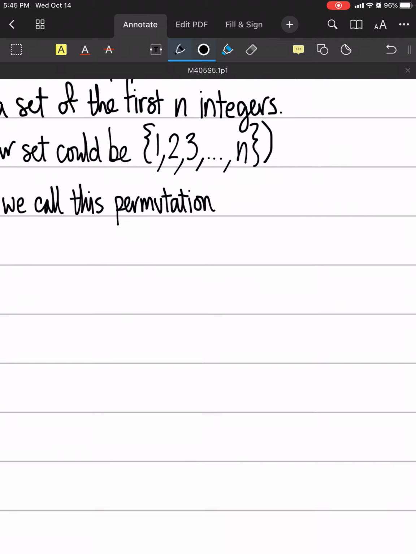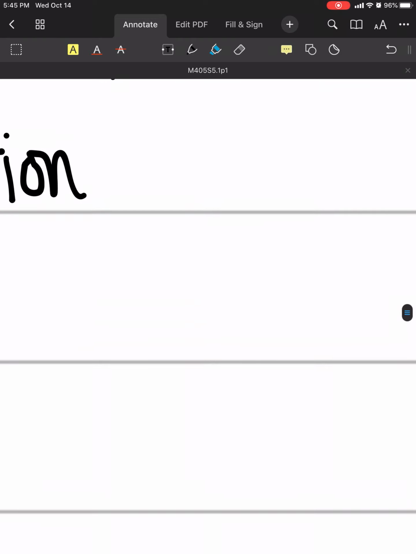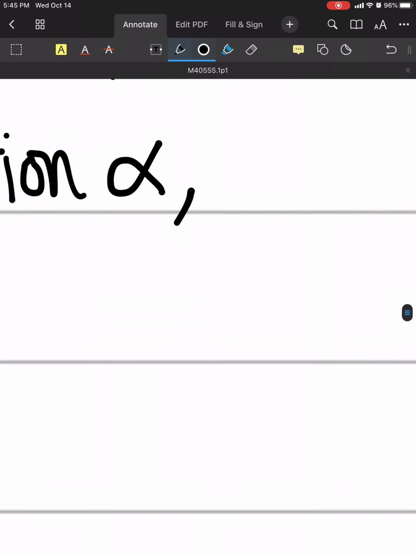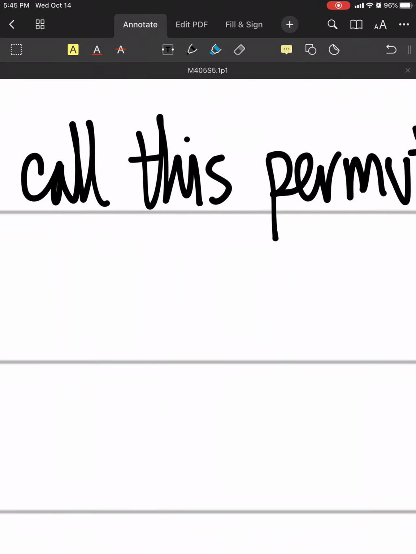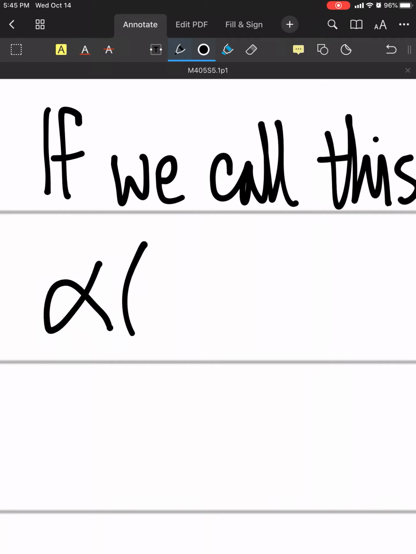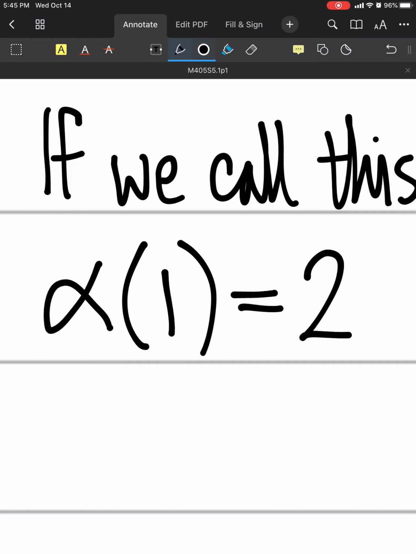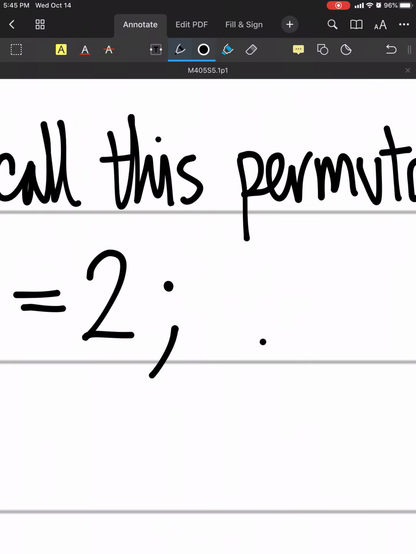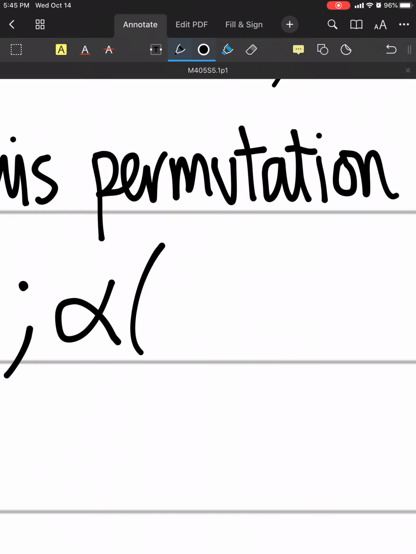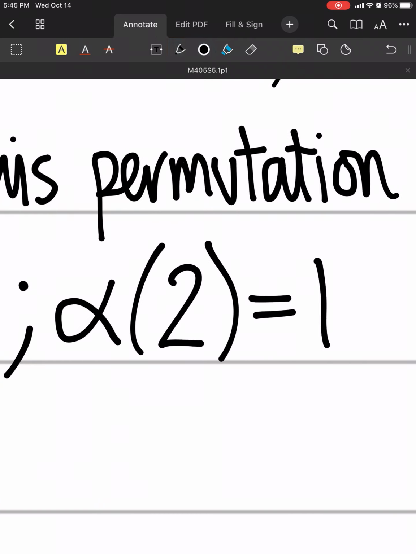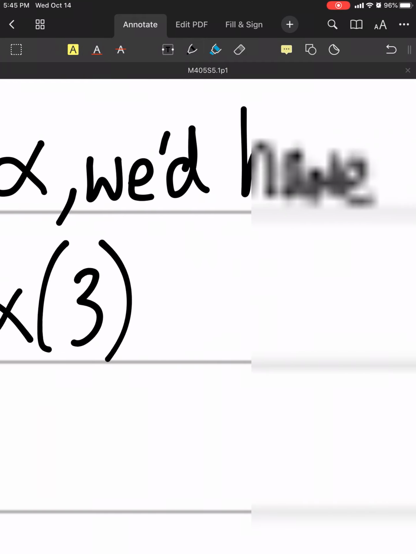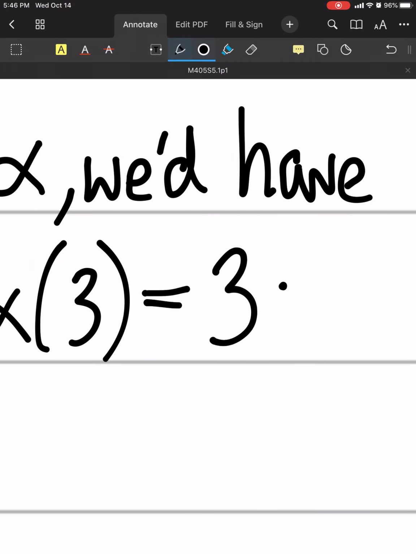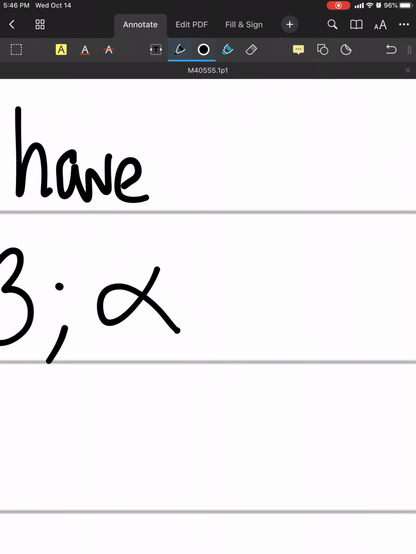All right, so if we call this permutation alpha, we'd have alpha of 1 is 2, alpha of 2 is 1, alpha of 3 is 3, and alpha of 4 is 4.